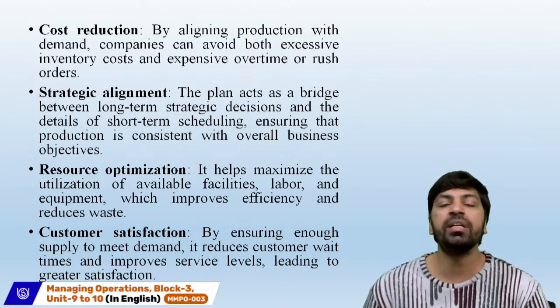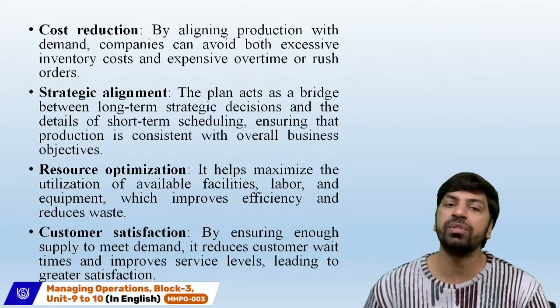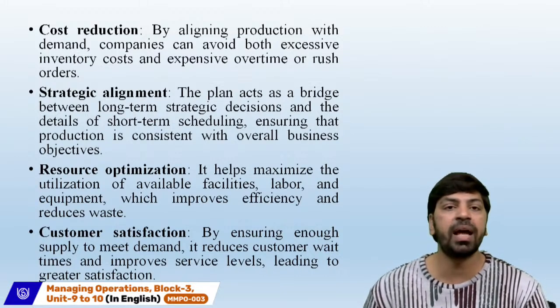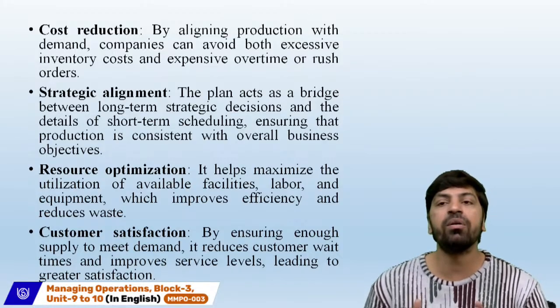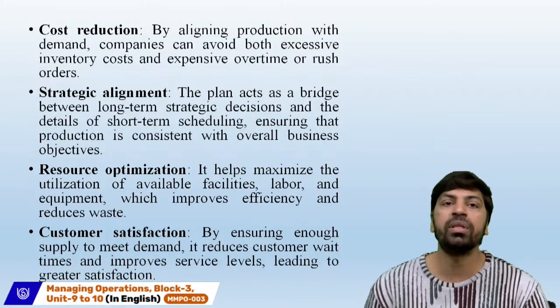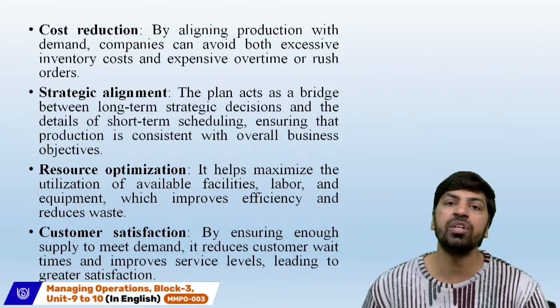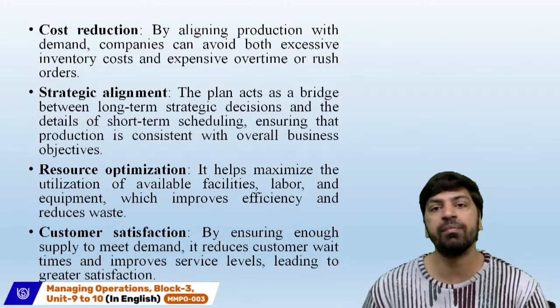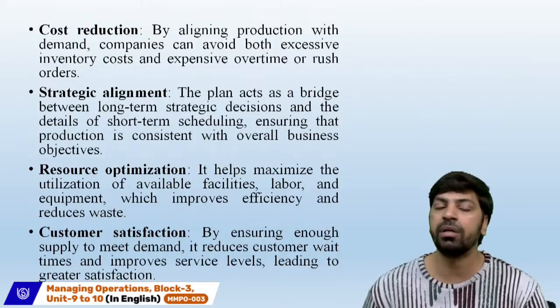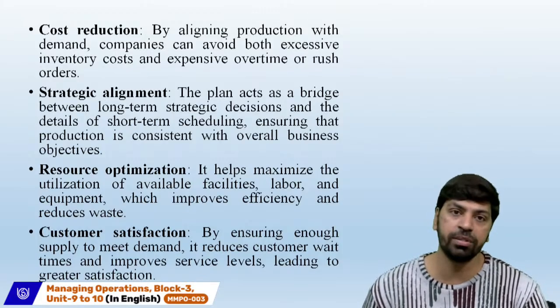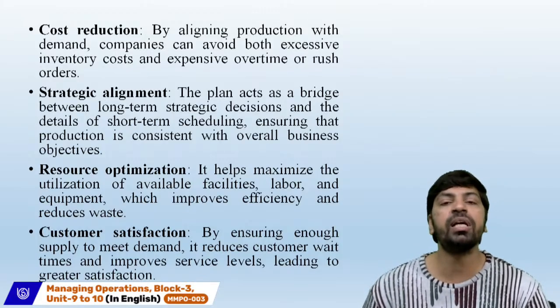So what would be the importance? The first one is reducing the cost. By aligning the production with the demand, the company can avoid both excessive inventory cost and the expensive overtime cost, or, you can say, rush orders cost. Next one is strategic alignment.